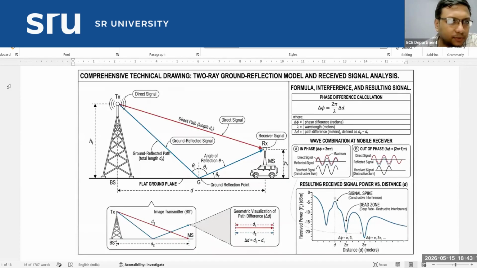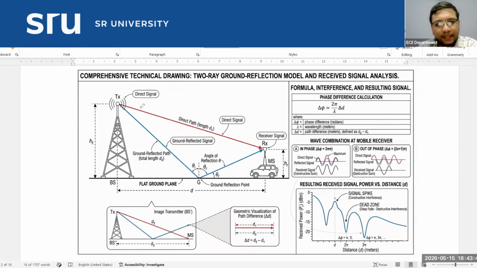This is one mobile tower which is having a height of ht, or this is the transmitter we are assuming. So ht means the height of the transmitter, and this is the mobile station. So mobile station is having the height hr, for example. So this transmitter has a height and this mobile station has a height.